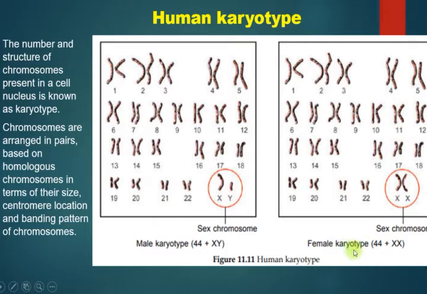So the female karyotype is 44 plus XX. So XX refers to the female, if XY refers to the male. Make sure you can differentiate the karyotype of the male and also the female.